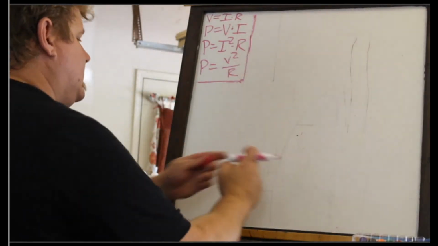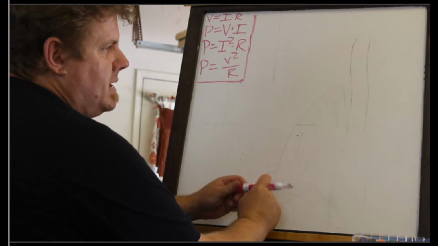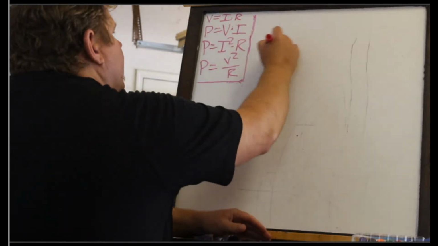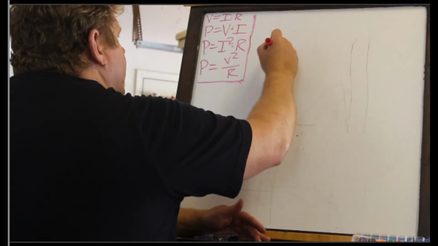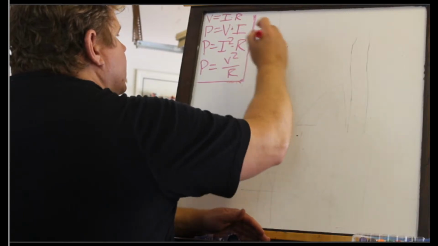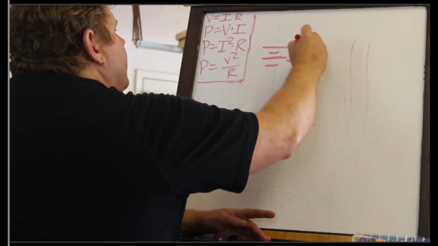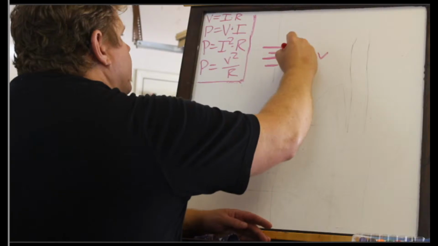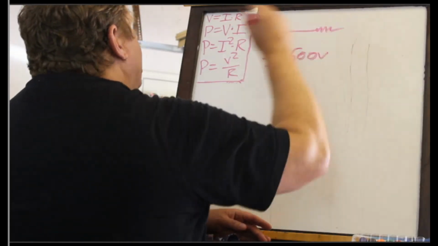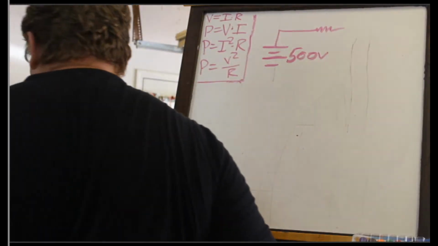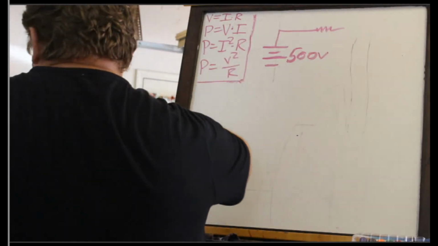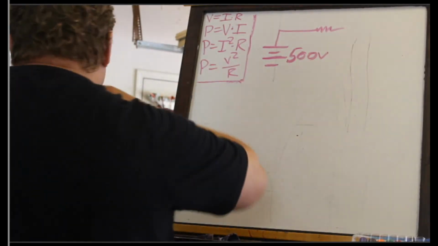All right, let's work with some big numbers here. Why not? Just for fun. I don't know what kind of system this is, but that's what's nice about theoretical calculations. It doesn't really matter. A 500 volt source. 500 volts. What should we do?